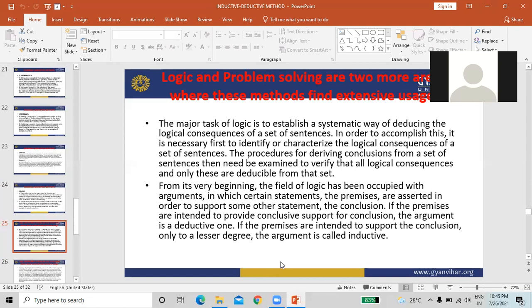If the premises are intended to provide conclusive support for the conclusion, the argument is a deductive one. If the premises are intended to support the conclusion only to a lesser degree, the argument is called inductive.